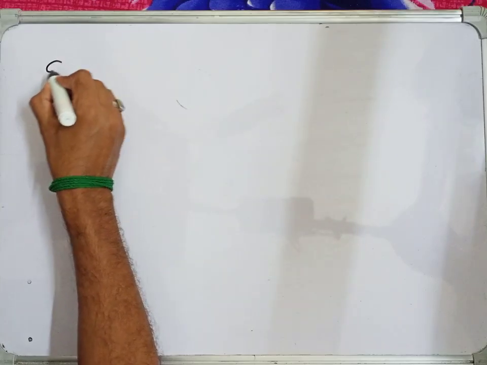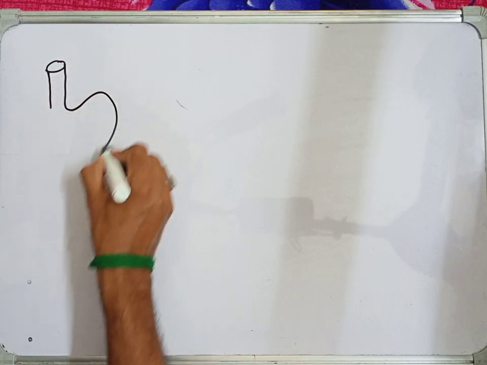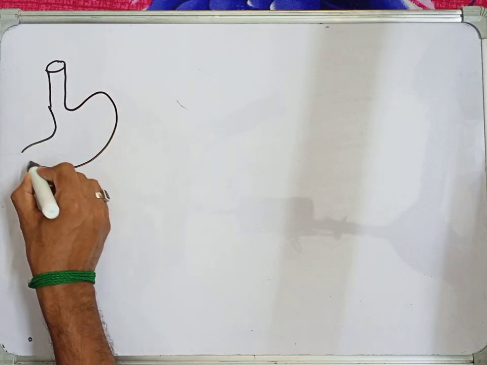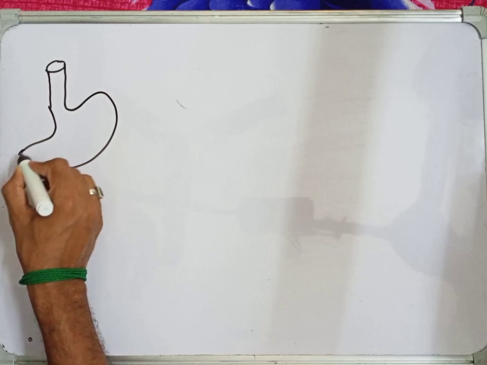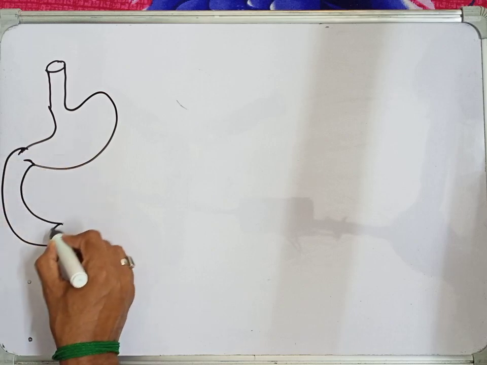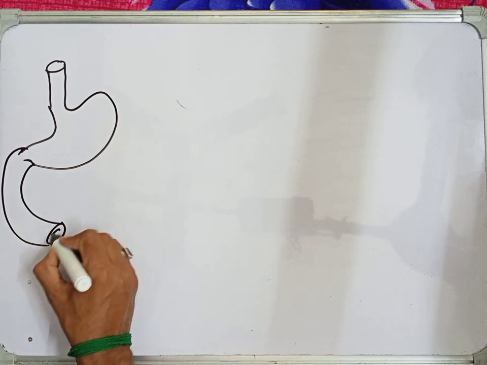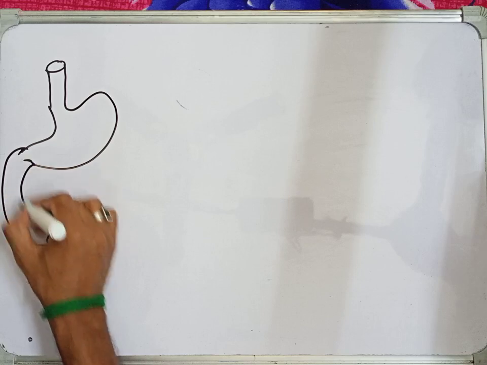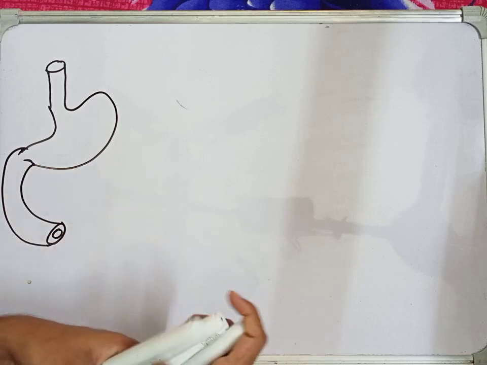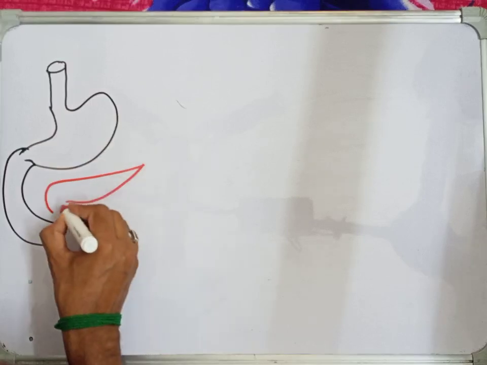Now that is our esophagus, and that is the stomach. I will first draw this diagram for you again. Sorry my dear. And that is the C-shaped curved duodenum, and your beloved pancreas is situated here, right?